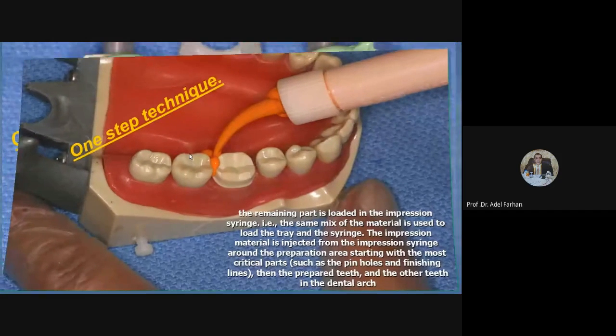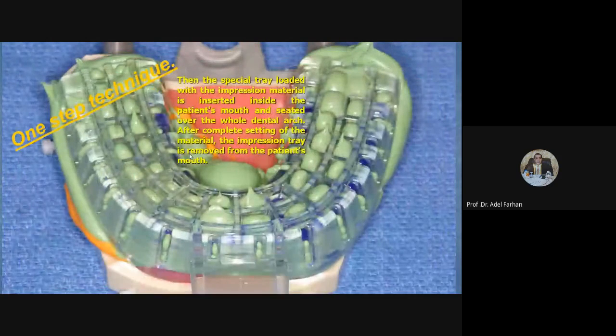Then you will seat the loaded tray. سوري يعني ما عندنا لايت، هي كلها، part of the material you place it over the dental arch والother part بالtray.